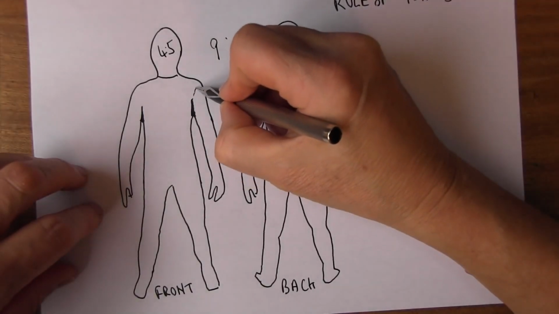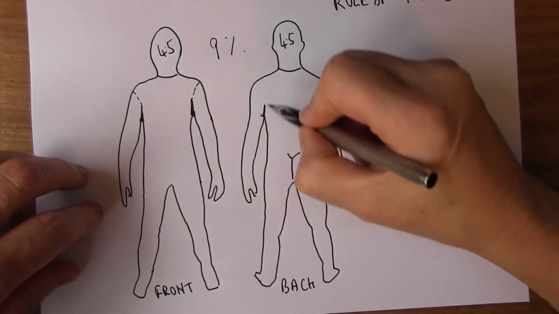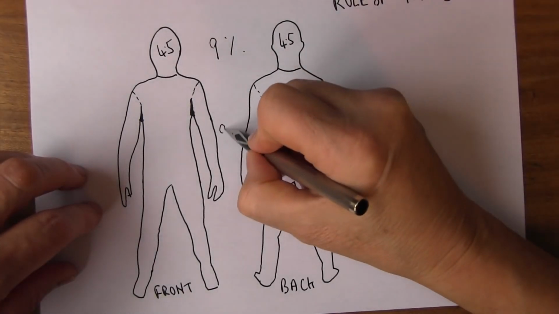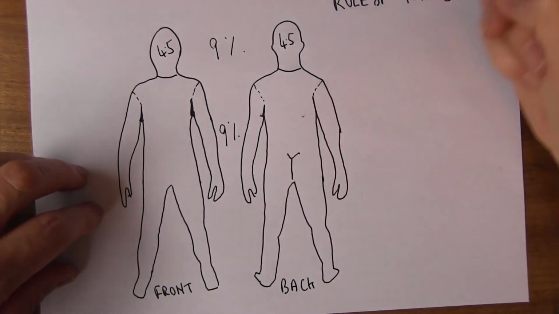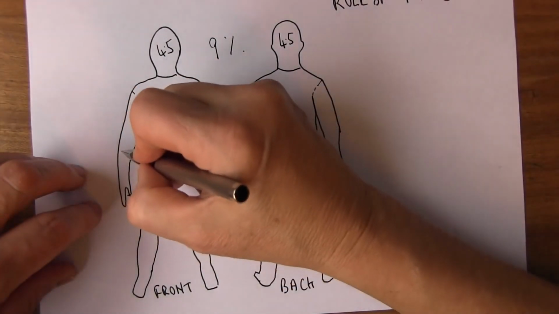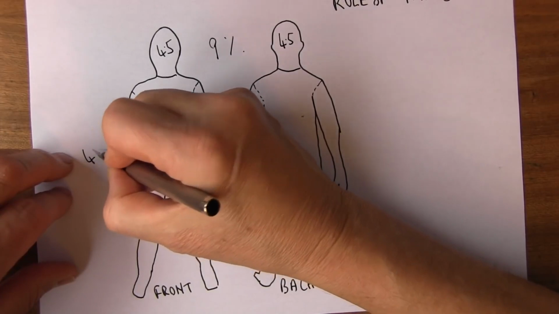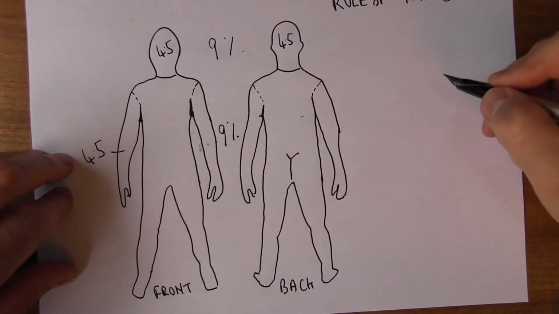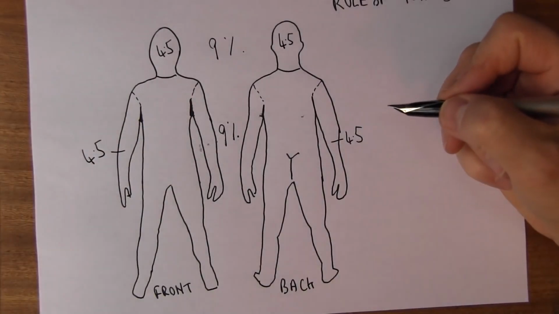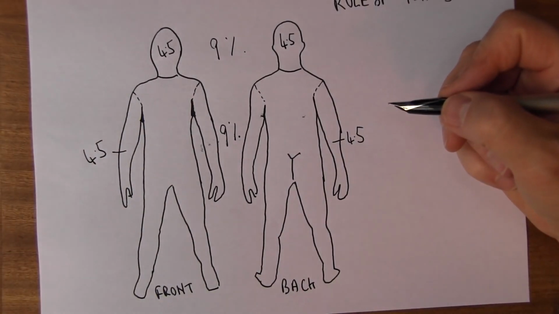Now the arms, a whole arm, an entire arm is 9% of body surface area. So again, you can see that means we're going to have 4.5% for the front of an arm and 4.5% for the back of an arm, 9% altogether.